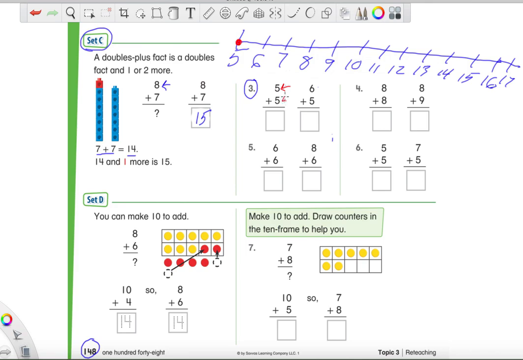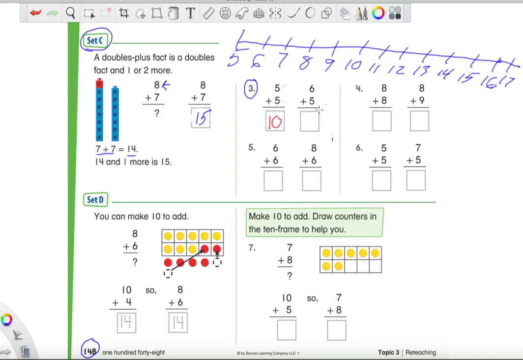And then our second number is our jumps. So we start on 5, and then we have 5 jumps. 1, 2, 3, 4, 5. And what did I land on? I landed on 10. So now I know that 5 plus 5 is 10. So I can put 10 right below here.